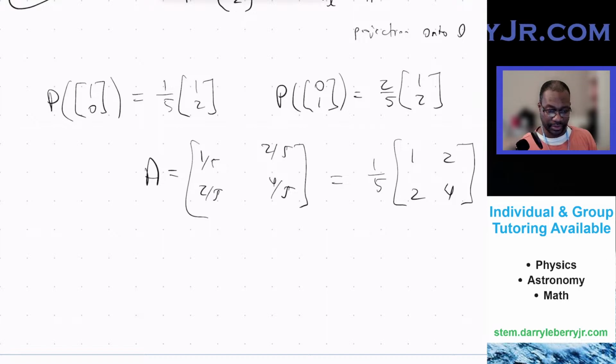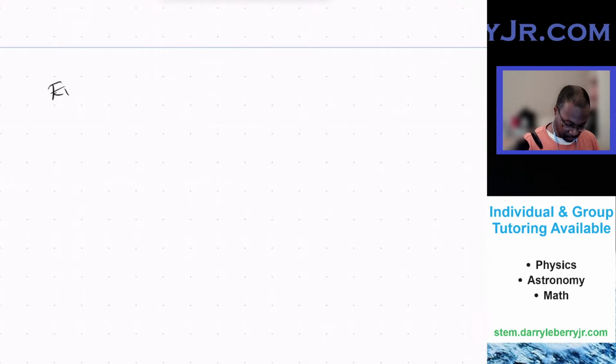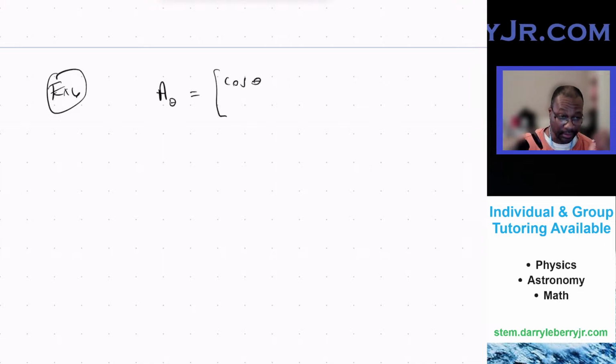Right, on to example 6. All right, generalizing example 2C, we consider the matrix A theta equals [cosine theta, negative sine theta; sine theta, cosine theta].